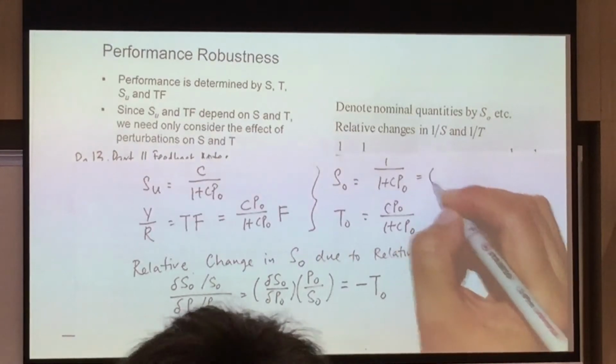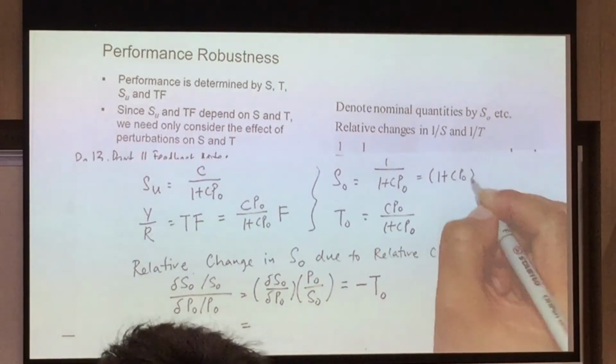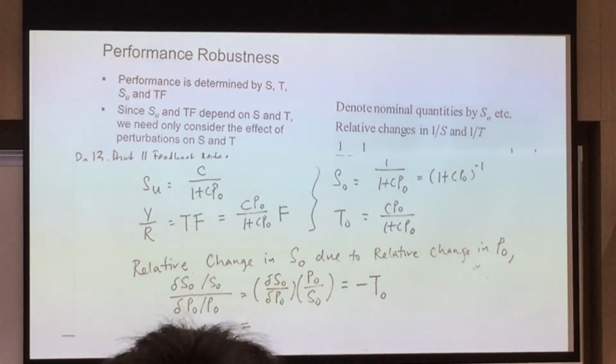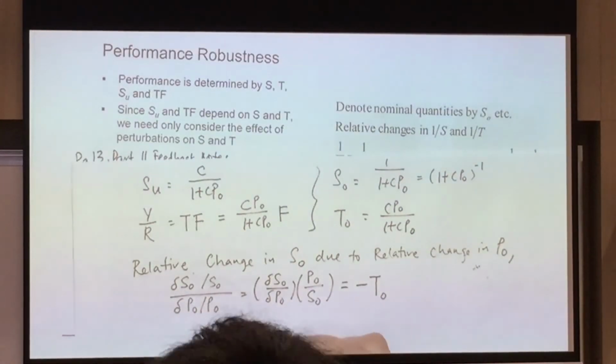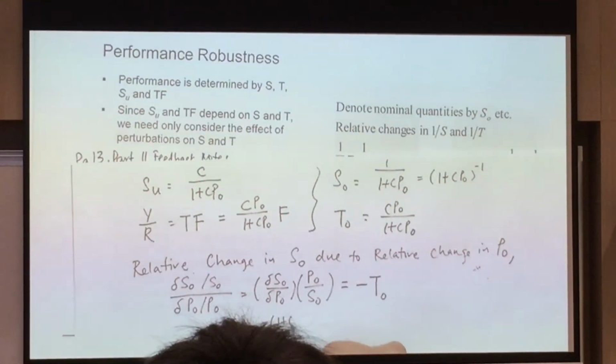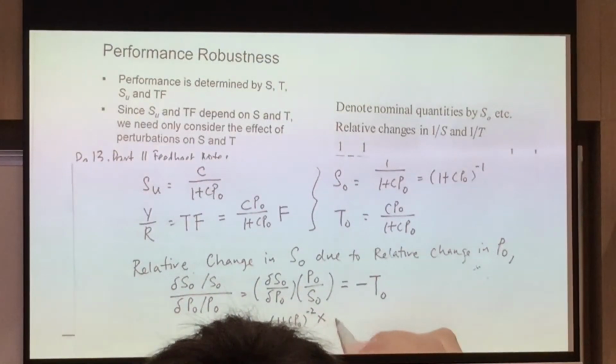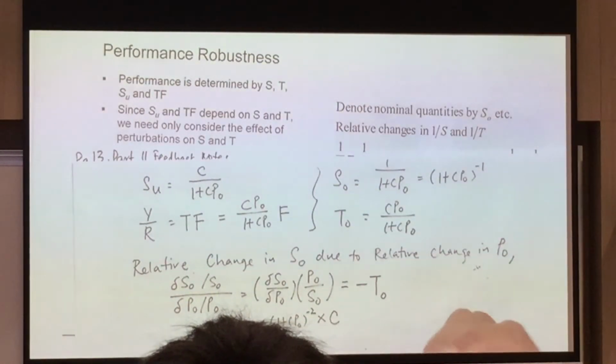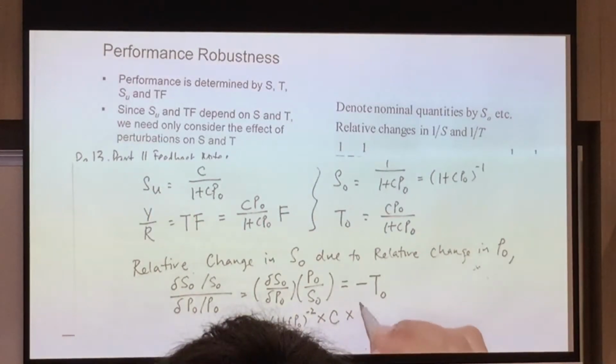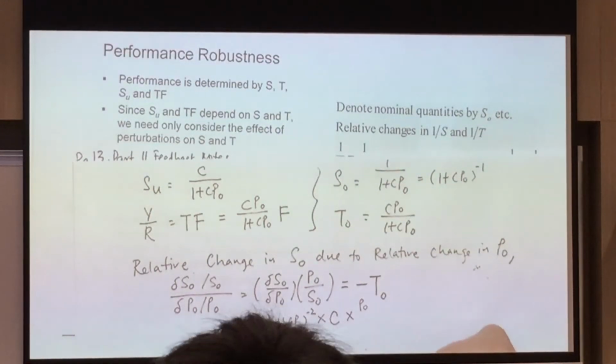Your S naught is bracket 1 plus Cp naught inverse, right? So how do you differentiate this? This is negative (1 plus Cp naught) to the power of minus 2 times C, times P naught over S naught.